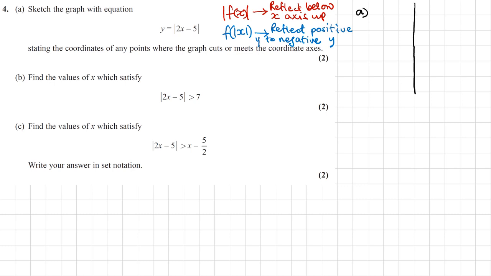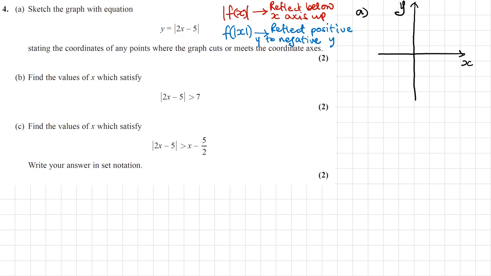Because it's a sketch, you just want to get the right shape and also mark any points where it's on the axis. Let's make sure we label the axes correctly, x and y. I know this is going to be a straight line, so I start by drawing the line y is equal to 2x minus 5. It's going to be a line with a positive gradient.